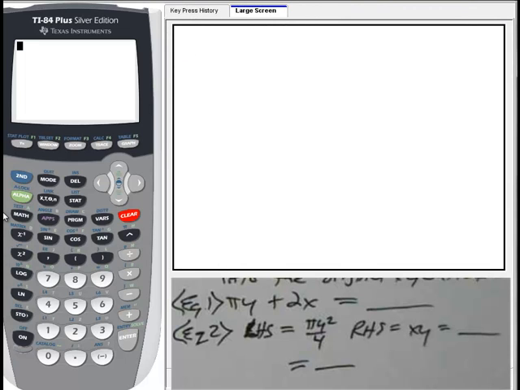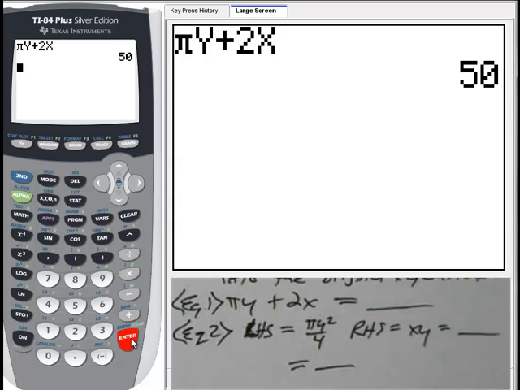Okay, once at the calculator, we can go ahead and start trying out these equations. Remember, we've already stored x and y into the x and y locations in the calculator, so we're ready to go. First equation: pi times y plus 2x, enter, 50.